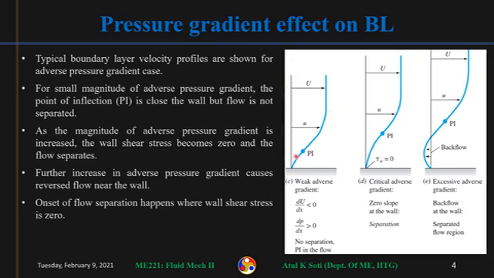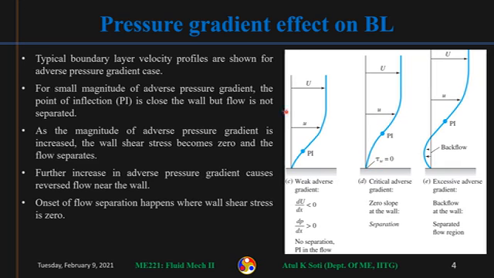As you increase the adverse pressure gradient, this slope will keep on decreasing, and then eventually you will reach a critical adverse pressure gradient when this slope becomes zero, that is, tau wall is zero. If you go beyond that, the slope becomes negative, and then you have backflow. So the necessary condition for flow reversal or for separation is when tau wall becomes 0, or when del u by del y is 0.